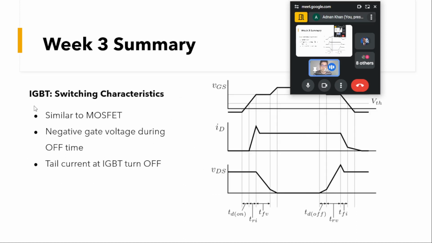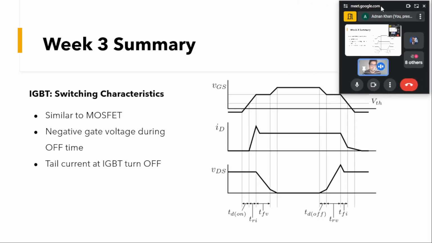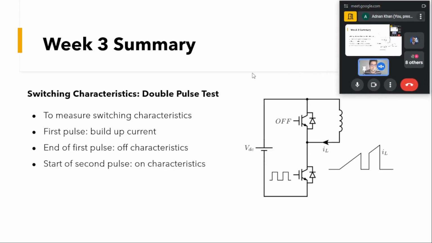Then we have to see the switching characteristics. Before going to that, I want to reiterate how we characterize these switches. If we want to test any device, we have to measure the different switching characteristics of the switch. What we do is a double pulse test.